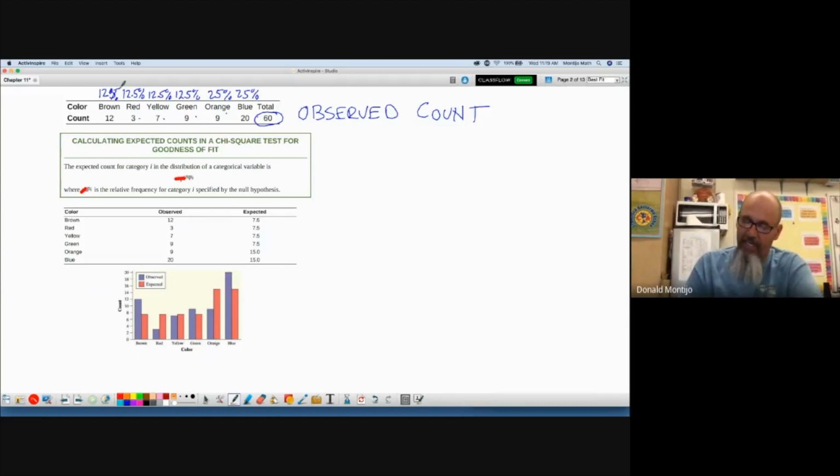So we need to figure out how many candies we expected to be each color in the bag. How many did we observe? How many did we count? It's given up here in this top table. How many did we expect? Well, if there was a total of 60 M&Ms in the bag and we expected 25% of them to be blue and orange, we would have expected there to be 15 blues and oranges.